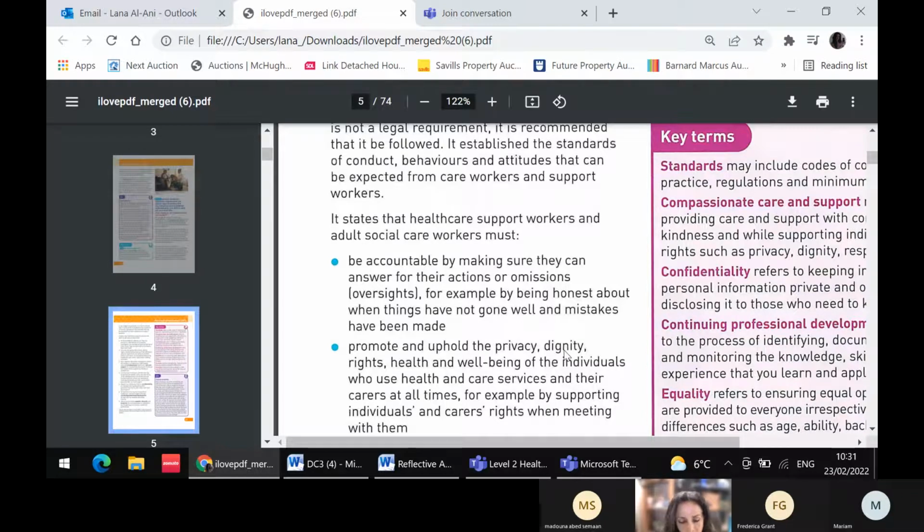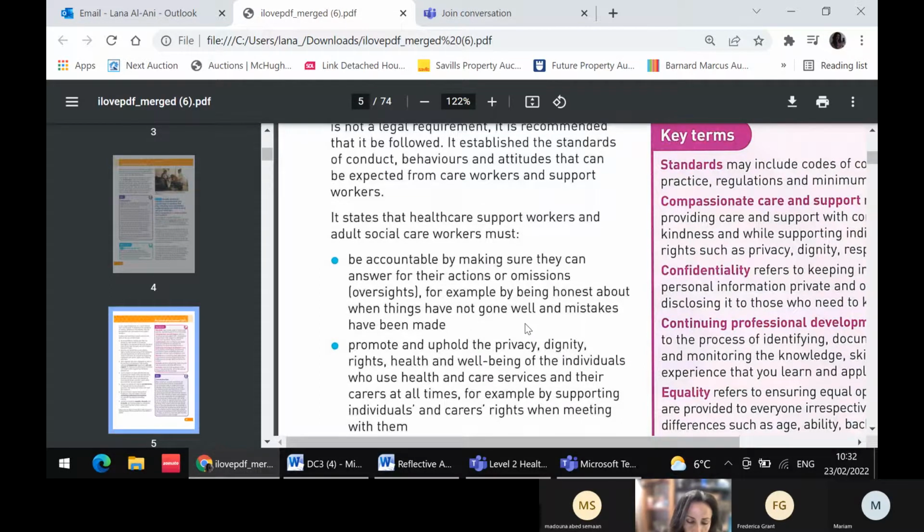So first of all, you need to be accountable by making sure that you can answer for any of your actions. For example, being honest when things are not done correctly. If something happened or any mistake happened, you can tell straight away. You go to your manager and inform them about it. Why? Because it's part of your duty. So if you do anything wrong, you should report it.